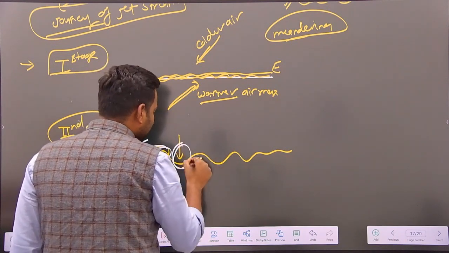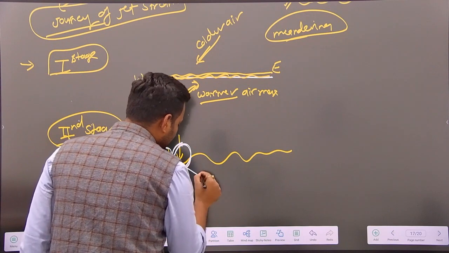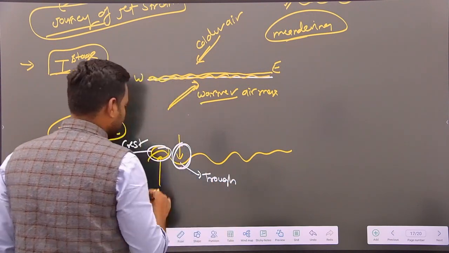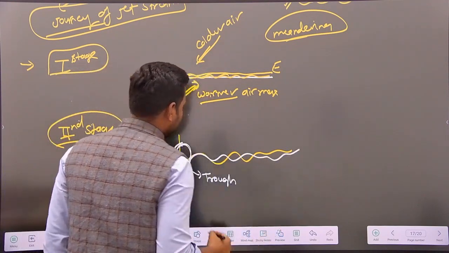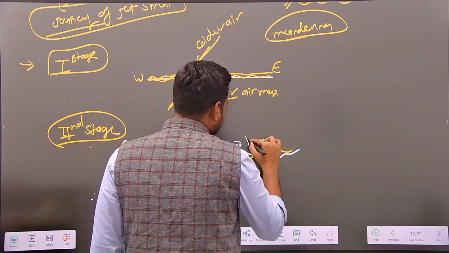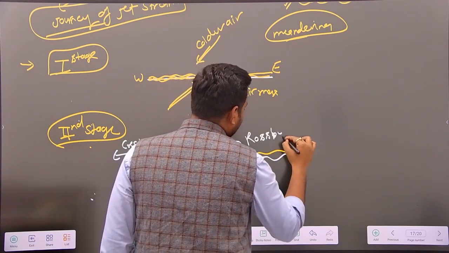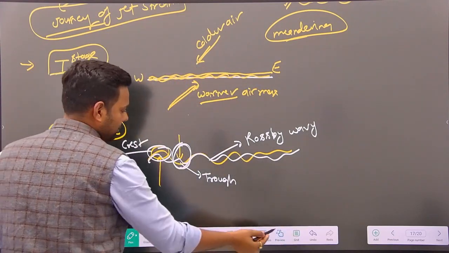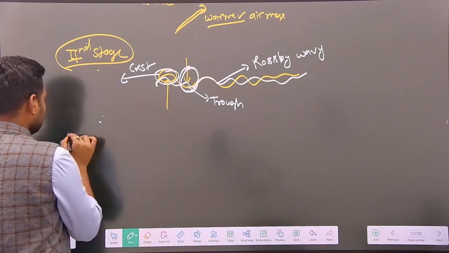Because colder air masses are heavier, they subside. Due to this reason, there is a development of troughs and the formation of waves, and in the second stage there is a development of Rossby waves.